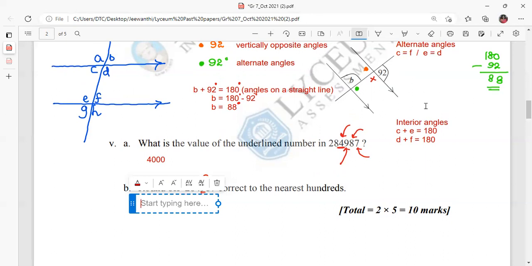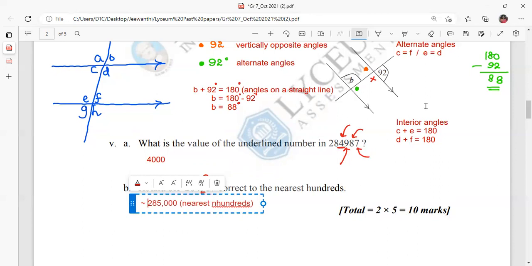How do you write that? 285,000, 3 zeros. And inside the bracket, you write nearest hundreds. Right? And this is not the equal value. You want to have the approximate equal value, like this.